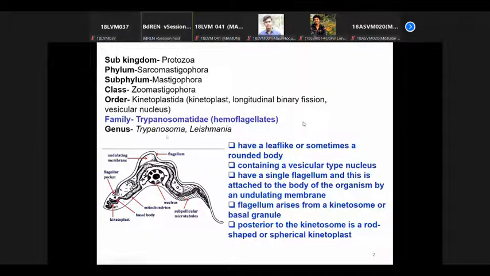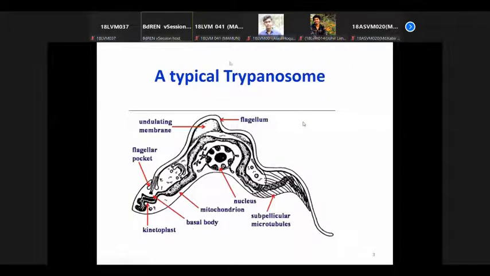I mean the trypanosoma especially. Let us see the next one. Typical trypanosome. You can see the structures: the flagellum, undulating membrane, flagellar pocket, kinetoplast, basal body, mitochondria, and then vesicular type of nucleus towards the center of the body, and subpellicular microtubules.